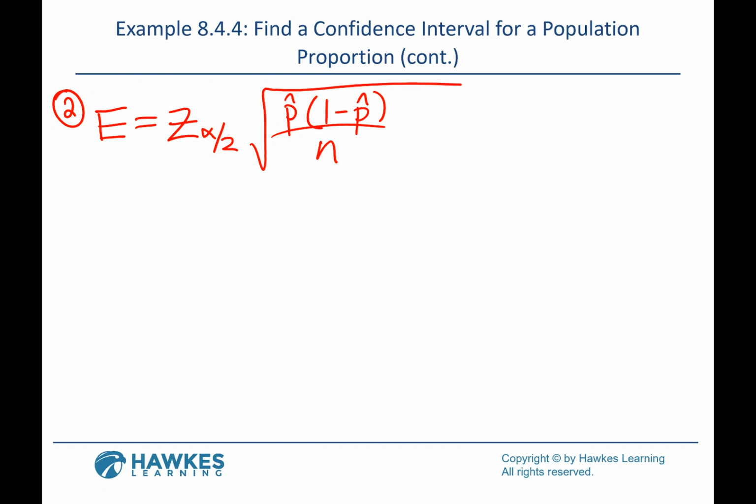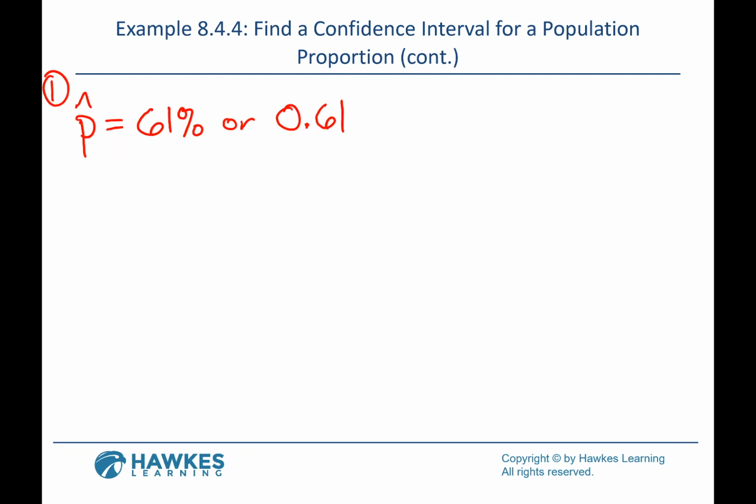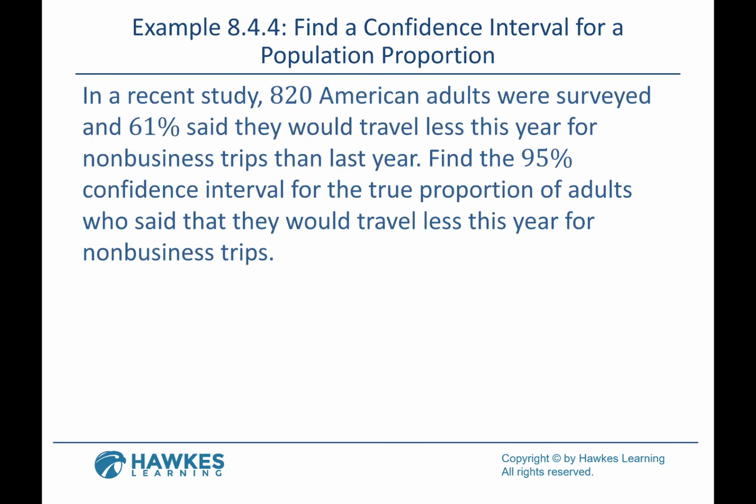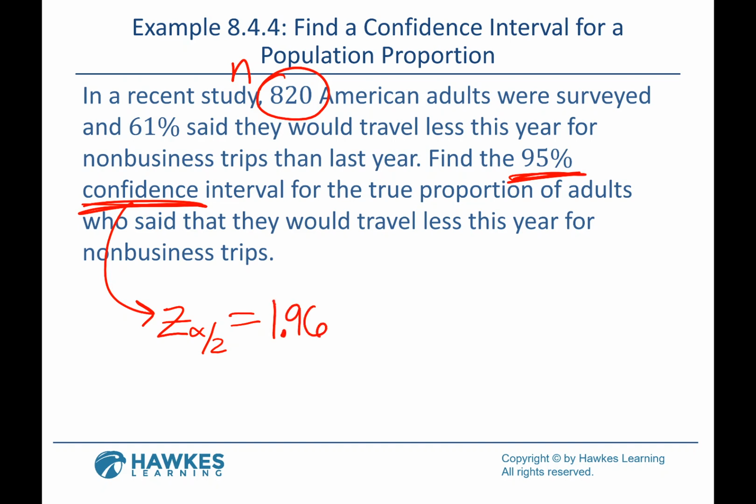We haven't had to do that yet on this one. So it says we had 820 adults in our survey. That's our sample size. For our critical Z, look at our confidence level. So 95% or 0.95 for our confidence. What's our critical Z going to be this time? 1.96 off of that little cheater table, okay? The little mini table.